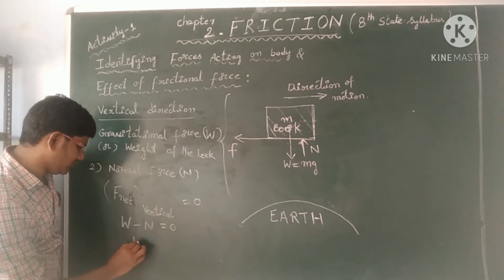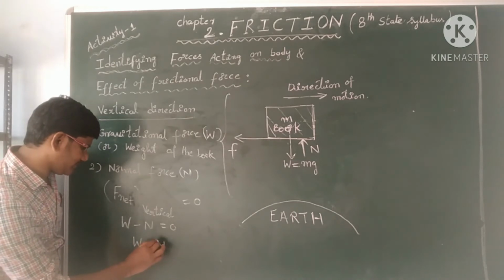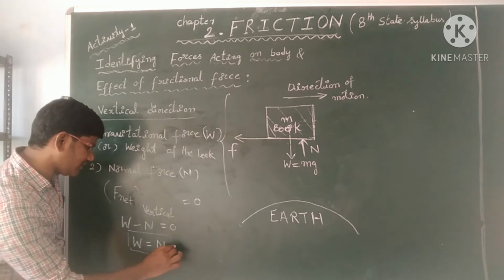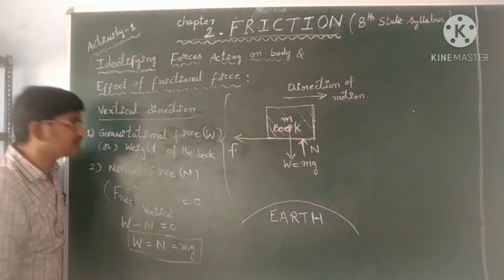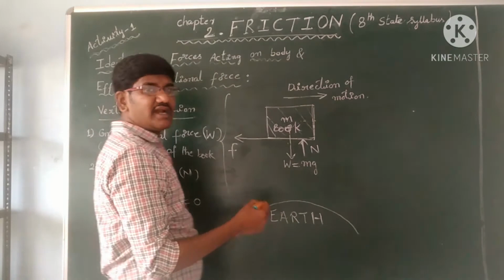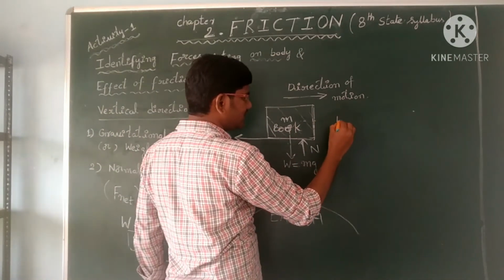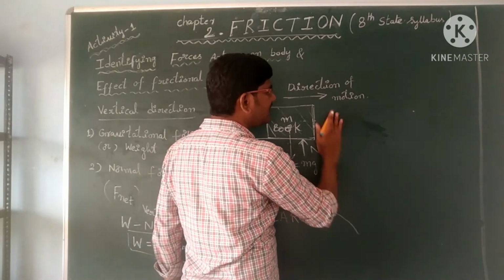That means we will write W is equal to N. So weight is equal to normal reaction. If you want to write mg also, you can write it. Now we can study the horizontal direction.